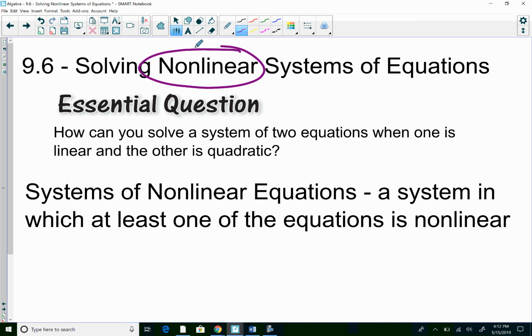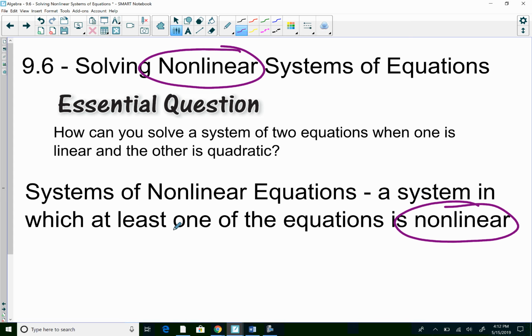A system of nonlinear equations is just a system, at least two equations, in which at least one of the equations is nonlinear. Most of them that you're going to be dealing with are probably going to be quadratic. You might have an exponential or two, but not many. So for the most part, we're going to be dealing with quadratics.